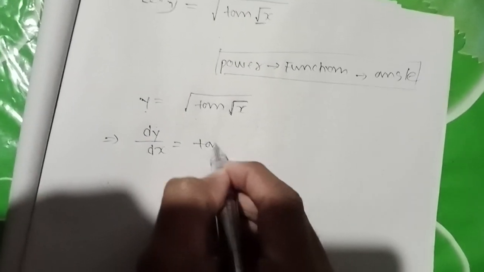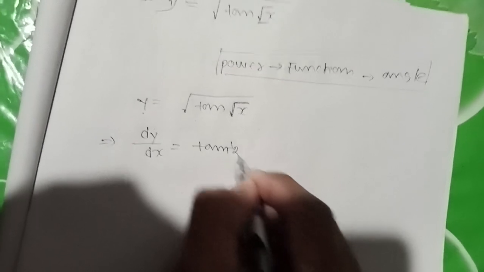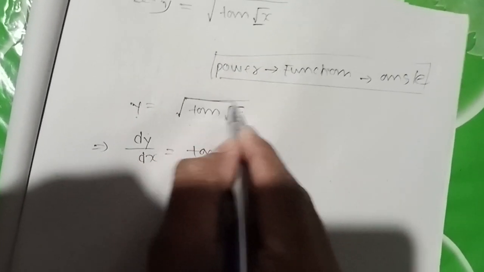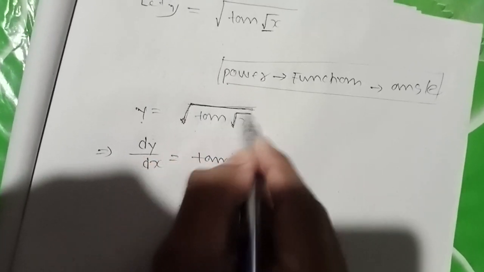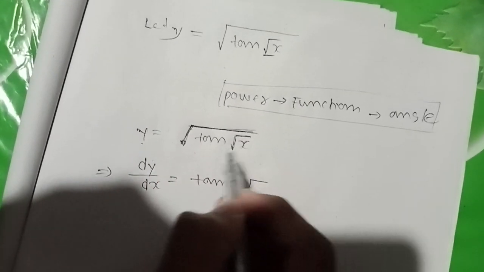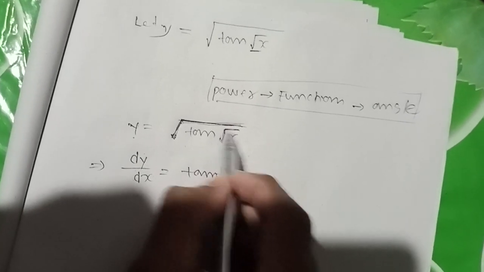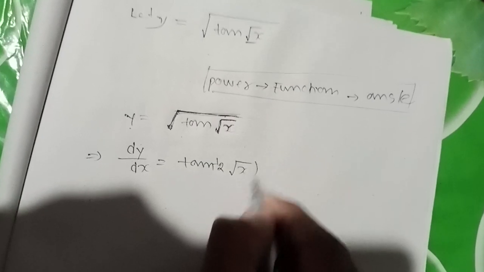We already studied that root over we can also write as half, yes or no, and this root over is involved here also, so that's why we can write 1 by 2 also.